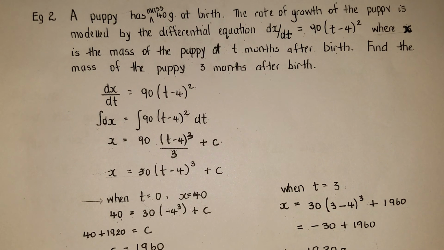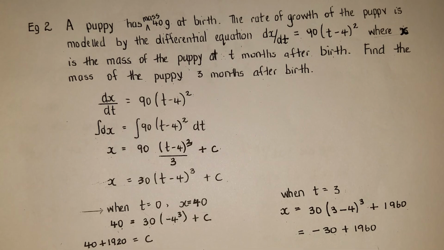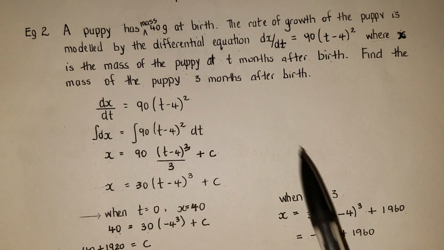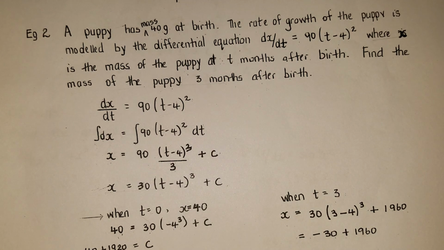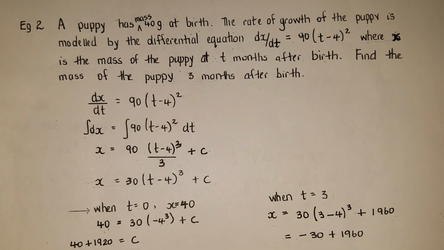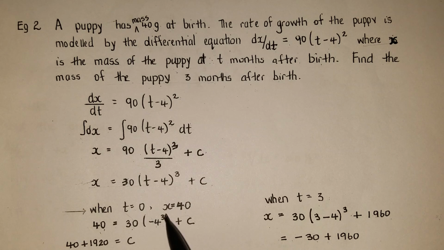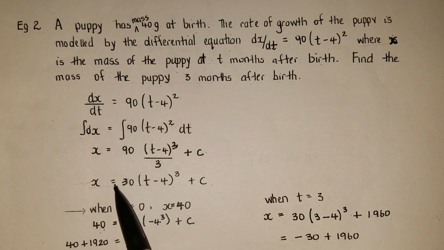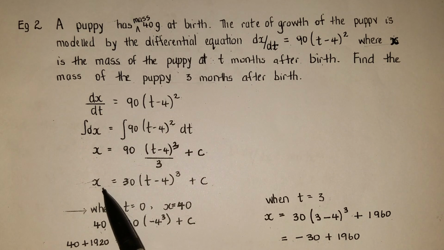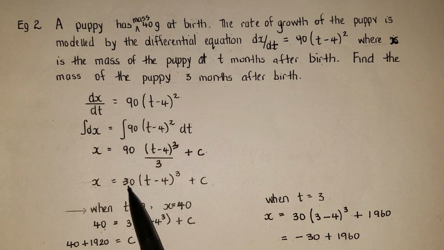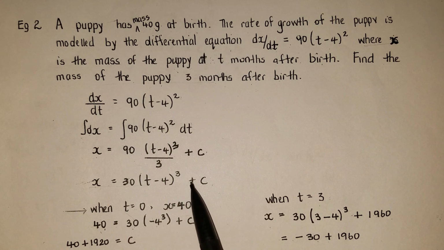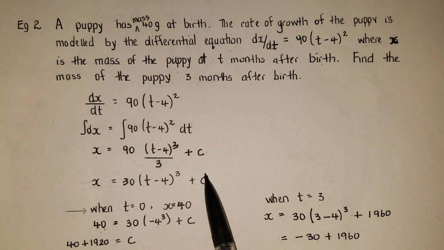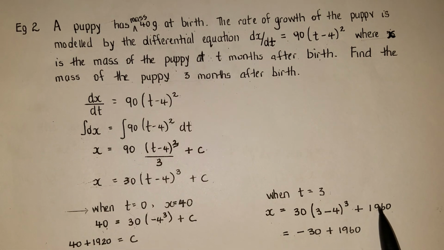So now that we have solved for c, we can find the mass of the puppy at 3 months. So we're finding x when t is equal to 3. So we plug t into the solution and solve for x, giving us 30 times (3 minus 4) all cubed plus 1960, as you see here.